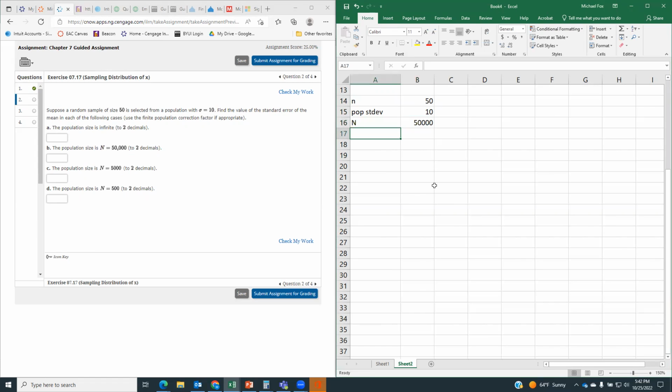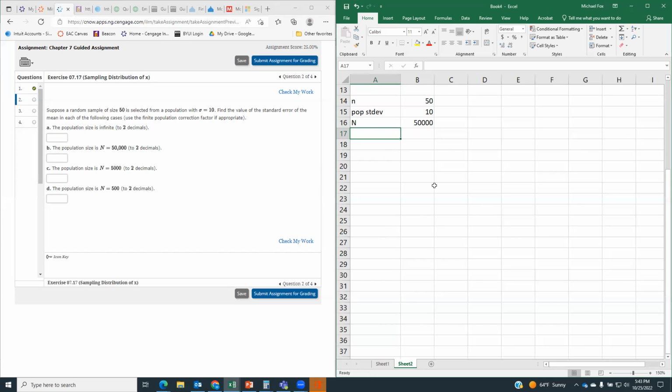Okay, so this one is going to help us understand whether or not we need to use the finite population correction factor, and then how to apply it. So remember, the rule is if little n divided by big N is 0.05 or greater, so if our sample size is 5% or greater of our population size, we'll have to use a finite population correction factor, okay?